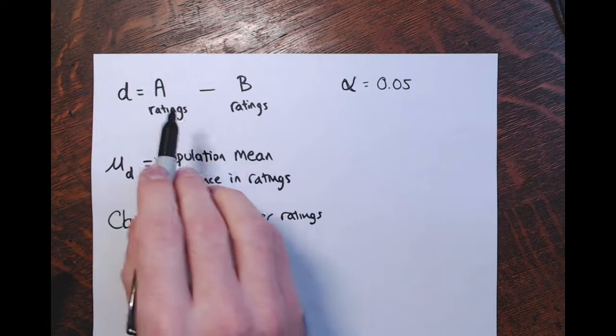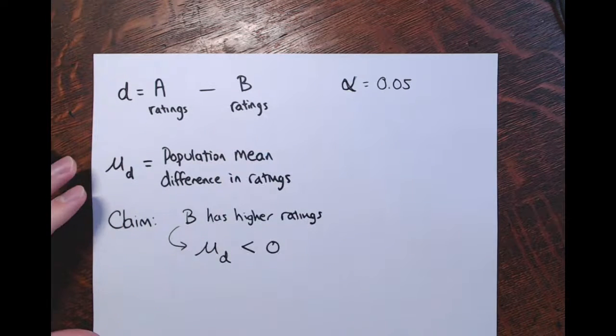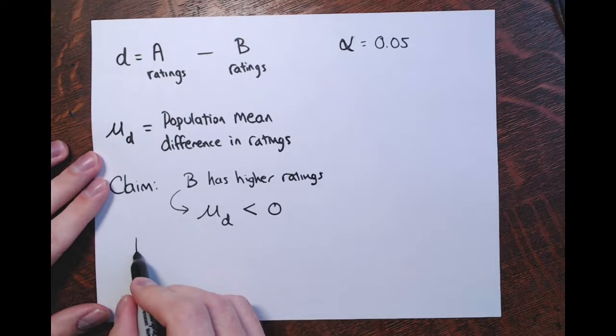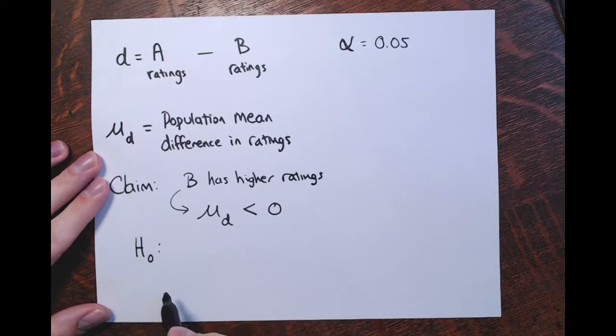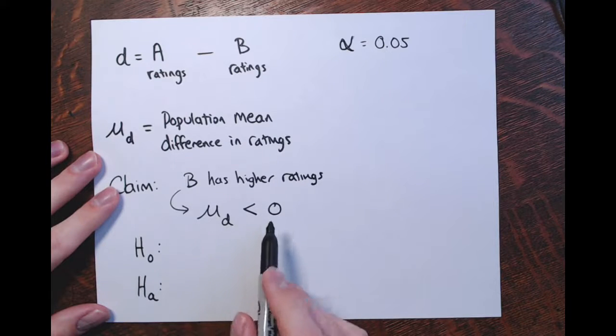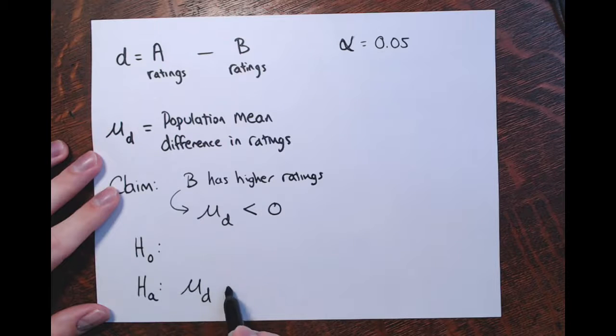Again, that's based on the way that these differences are being taken here. Once a claim is set up, you can establish your hypotheses, the null hypothesis and the alternative hypothesis. The claim does not involve equality, so that will be the alternative.